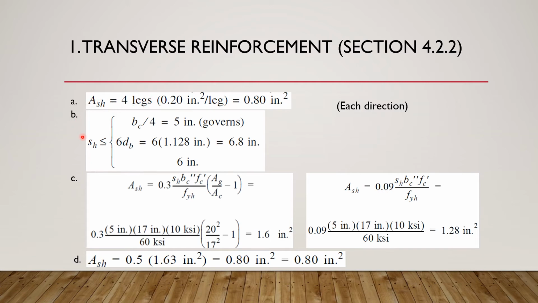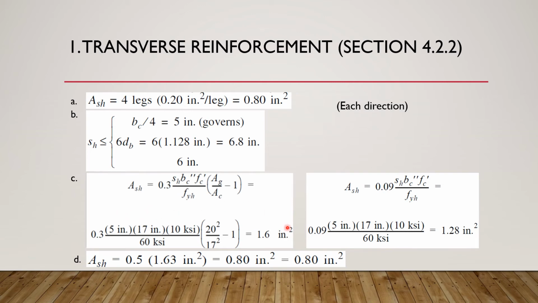Then we find the spacing that could govern the reinforcement, where the bc, remember, is 20 inches and the diameter of the bar is number 9. Or we have another limitation that is 6. In this case, the governing value is 5.